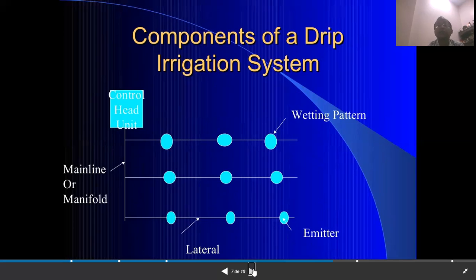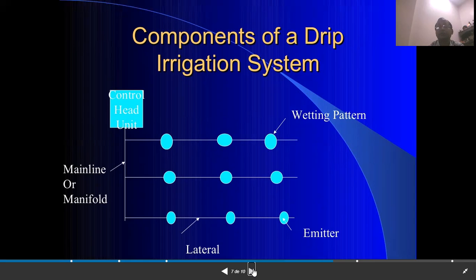Components of drip irrigation: main line, wetting parameter, emitters, and laterals. Emitters deliver water to the plants. Emitters have different capacities for the amount they deliver. Laterals provide water to the emitters and they are connected.